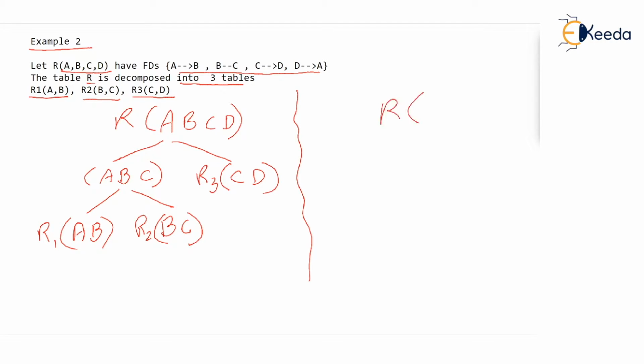cannot be ruled out. This is our original table ABCD. What might have happened is that this table might have been decomposed first as AB and BCD, and then this BCD must have been decomposed into BC and CD.